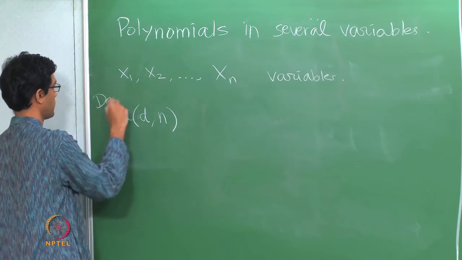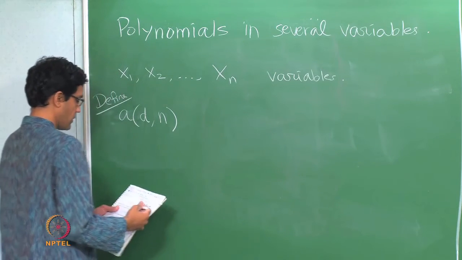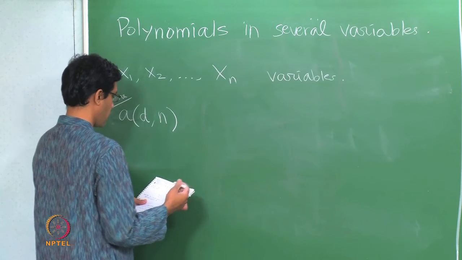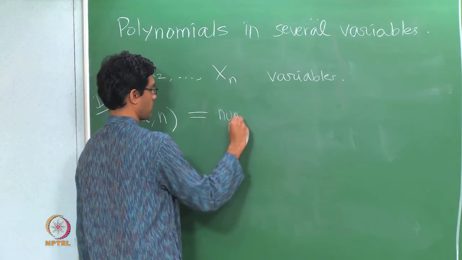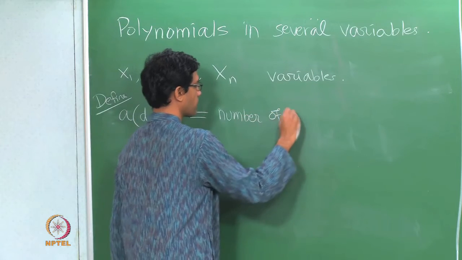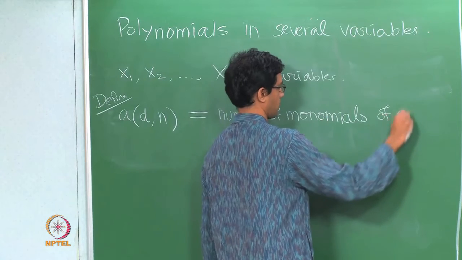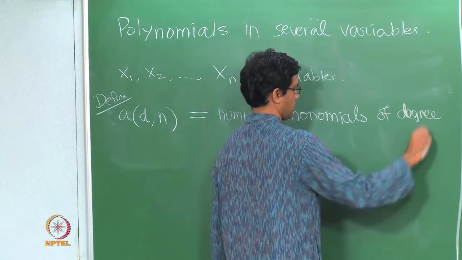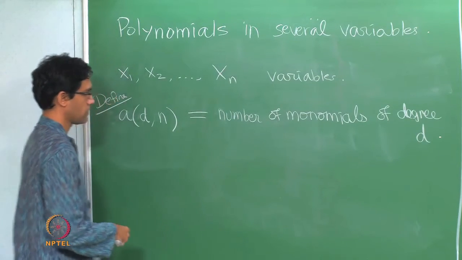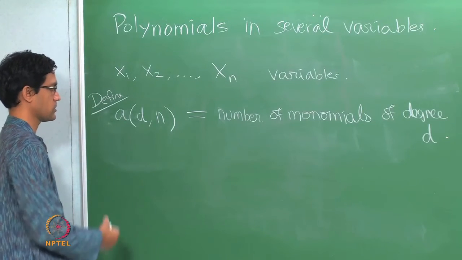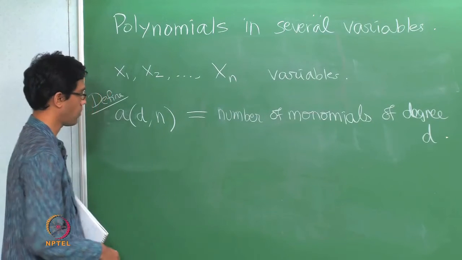We defined for each positive d a number called a d n, which was defined to be the number of monomials of degree d in these n variables, of course. We looked at some patterns, we wrote down the first few values, we obtained a recurrence relation, and so on.